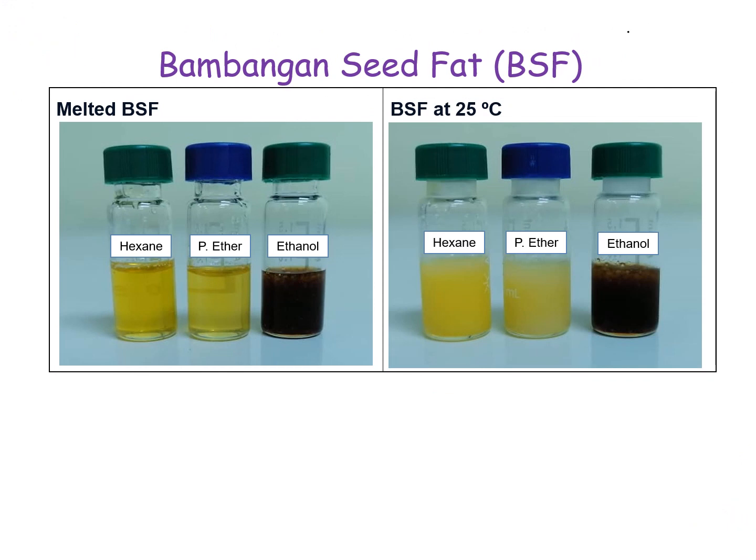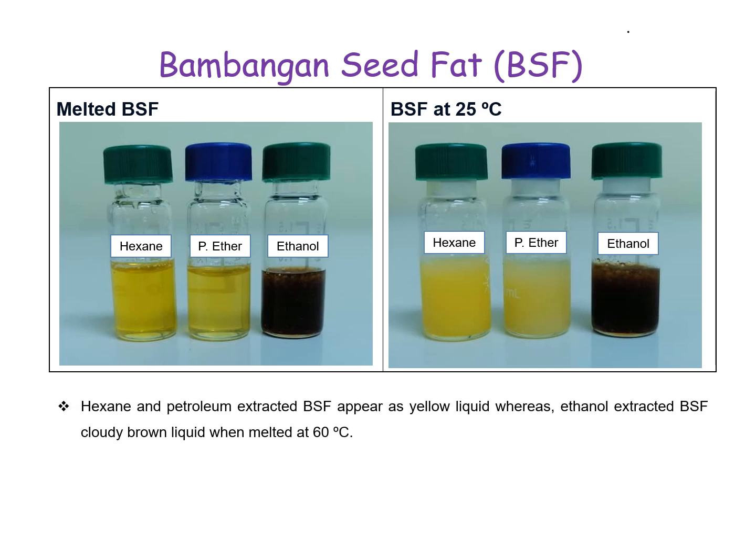This figure shows the physical appearance of the Bambangan seed fat extracted from the 3 different solvents, where the first picture shows that the hexane and petroleum ether extracts appear as a yellow liquid solution, while the ethanol extract appears as a cloudy brown solution when we melted it at 60 degrees.